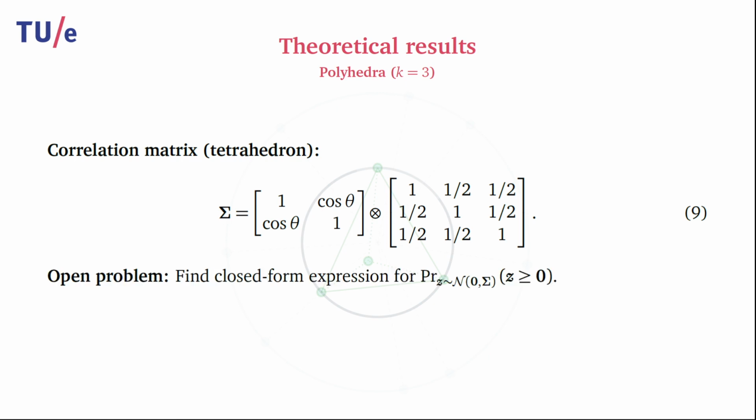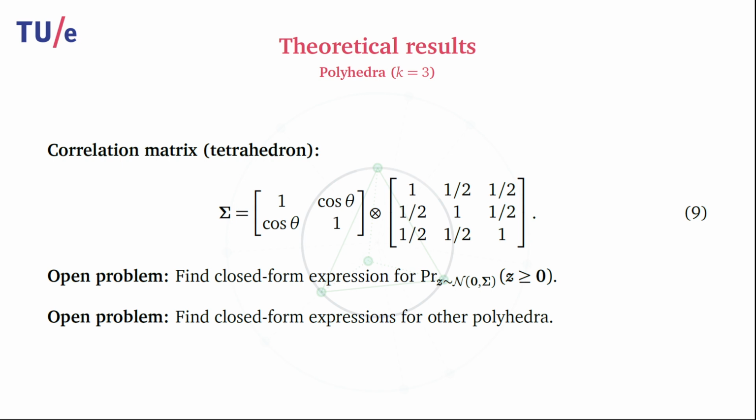So that's actually an open problem: finding closed forms for this matrix sigma, the orthogonal probability, but also for the matrix sigma that you get for other polyhedra. This is for the tetrahedron, but you can do the same for other polyhedra, and you get different matrices for which you're interested in the positive orthogonal probability. And yeah, getting an analytic expression seems to be very hard starting at dimension 3 already.